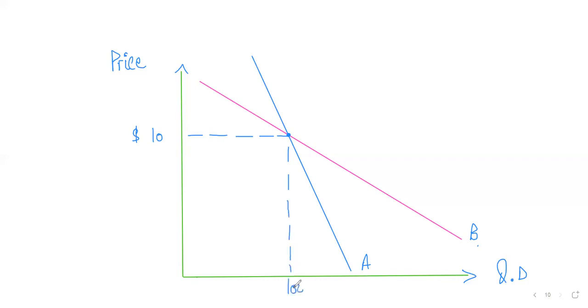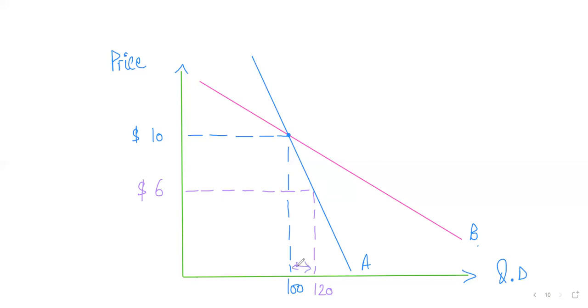Let's make it simple, right? Now, let's say the price decreased from $10 to $6, so the price has decreased for both the products by the same extent. Now the quantity for A changed from 100 to 120. Yes or no?